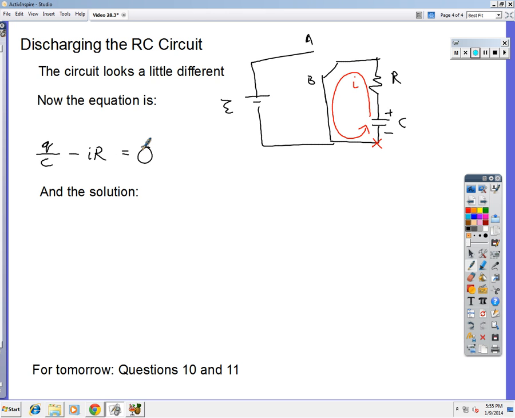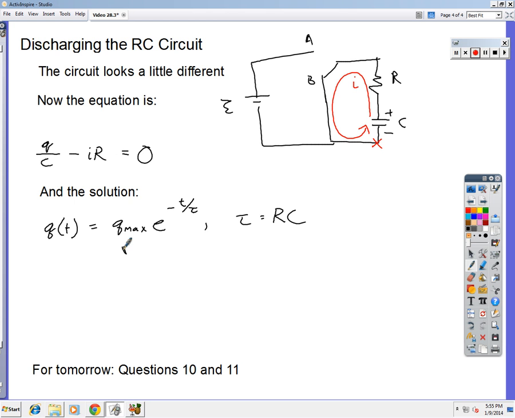And so I'm going to let you do this on your own, and we'll talk about it a bit in class. But you should find that the solution in this case is charge as a function of time is equal to that initial charge, so the Q max, times e to the negative t over tau, where tau is defined in the same way as it was before.